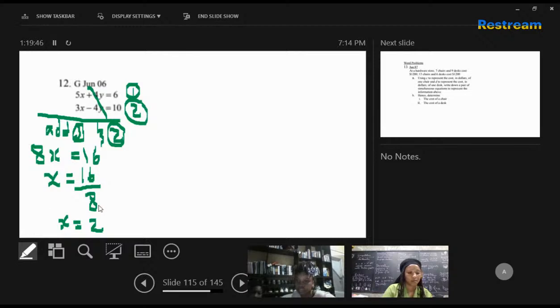Now we're going to plug that into the first equation to get y. So 5x plus 4y equals 6. 5 times 2 plus 4y equals 6.